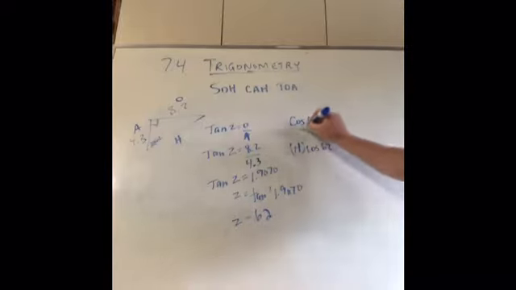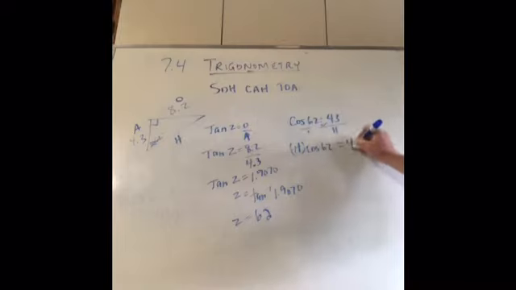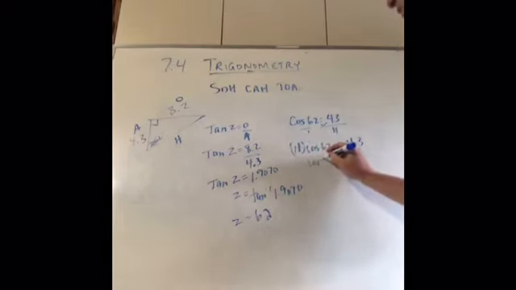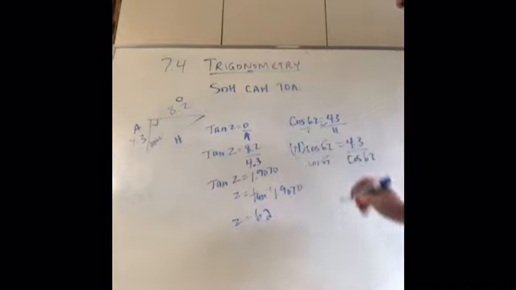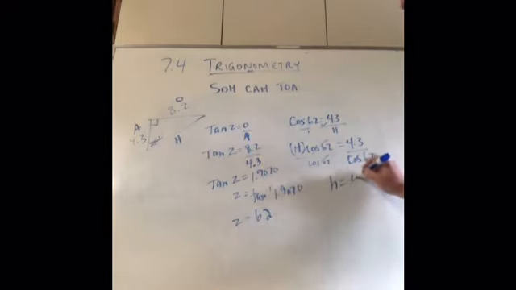And that's equal to 4.3 times 1 is 4.3. Now, because I want to get H on its own, I'm going to divide both sides through by cosine 62. They cancel each other out, of course. So I get H is equal to 4.3 over cosine 62.